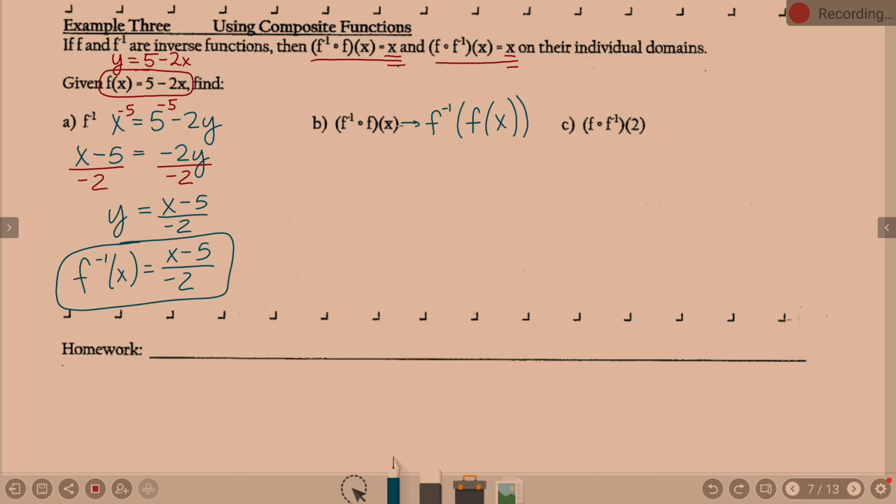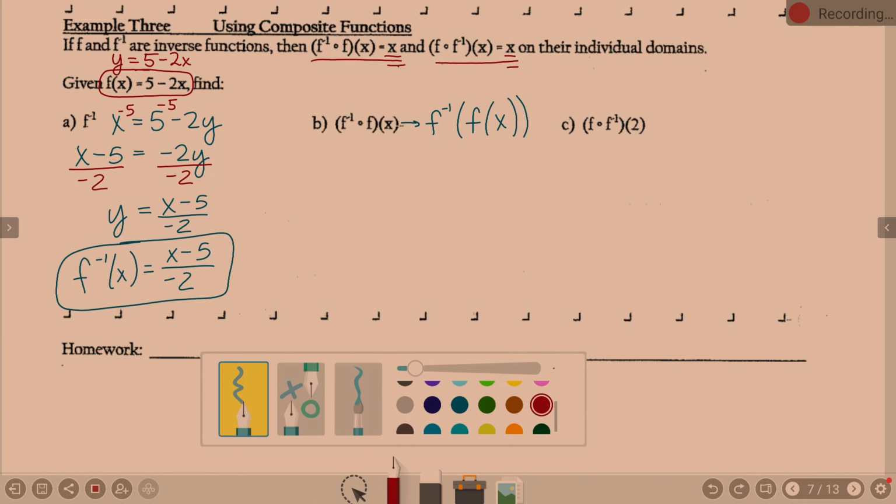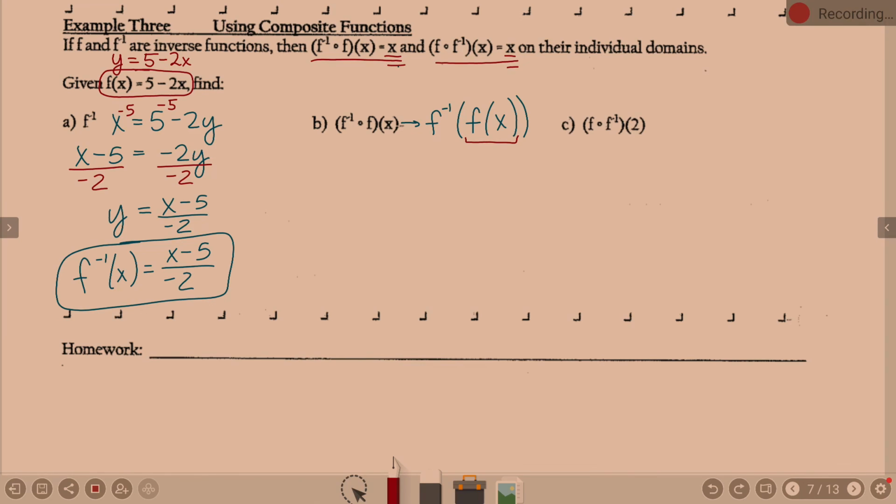Now, we're going to take f and put it into f inverse. f inverse is x minus 5 divided by negative 2, except, what am I putting in for x? Whatever f is, which is 5 minus 2x.